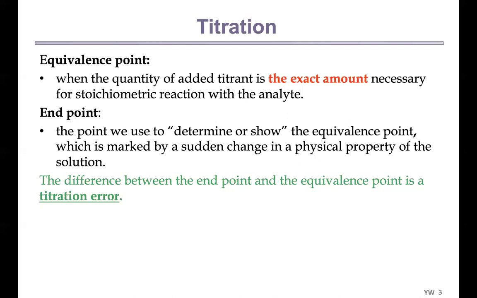And when you use a certain type of indicator, it will always change color either above the pH or lower than the pH, depending on what indicator you use. But if you're using a specific indicator, it will always be positive or always be negative. Okay, so there isn't a random uncertainty associated with that. Okay.